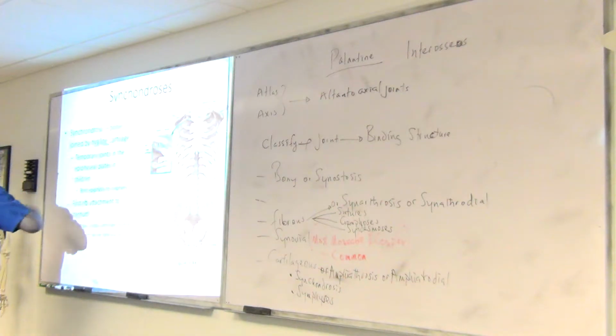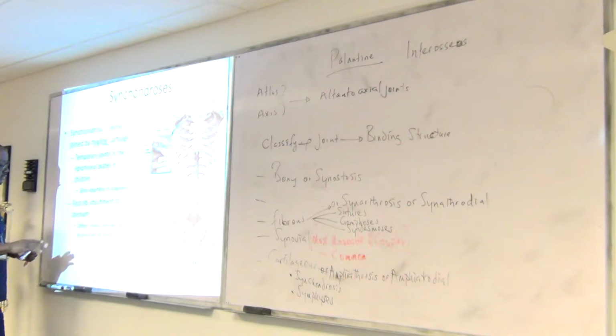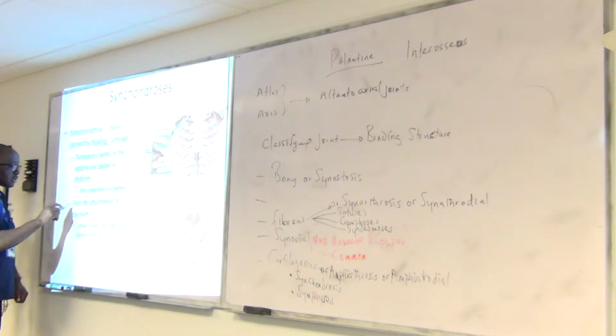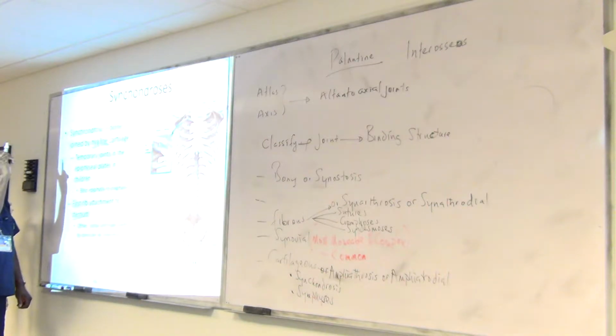So that's an example, all right? Now, the attachment of the first rib and the sternum is also an example. The costal cartilage joined to the sternum. Let's slow down here. The first rib and the sternum is an example of hyaline cartilage. The first, rib number one.